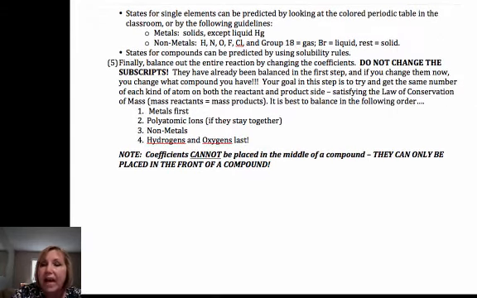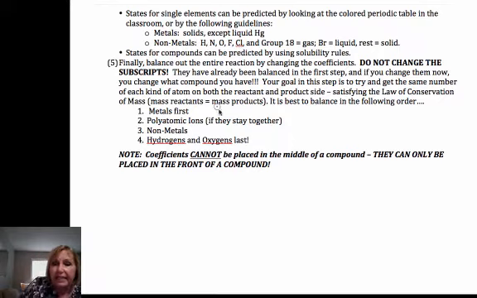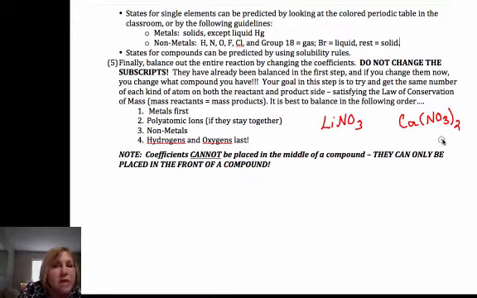Now, if you have a polyatomic that stays together on both sides, like lithium nitrate on one side and calcium nitrate on the other side, do you notice that the nitrate was not taken apart at all? I can treat it as a whole unit, and I could have just put a 2 in front there instead of counting the nitrogens and oxygens separately. So that's a handy hint as well.